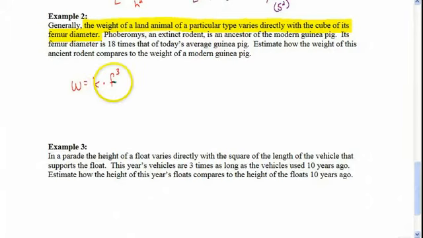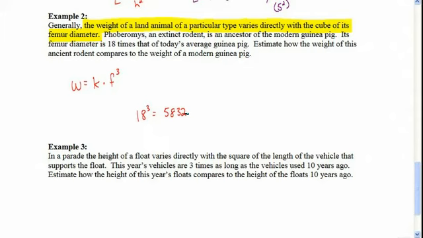So if we multiply f by 18, the question is, how does that affect w? Well, 18 cubed is going to be 5,832.